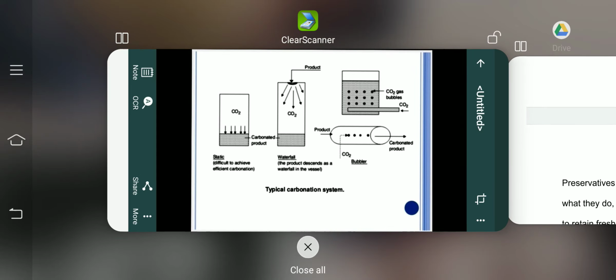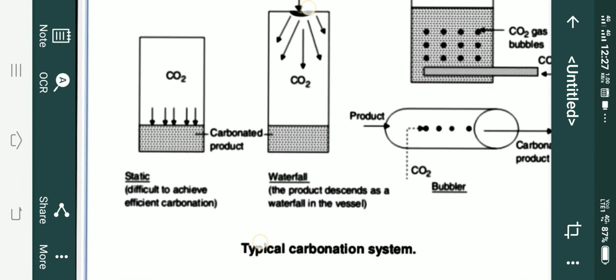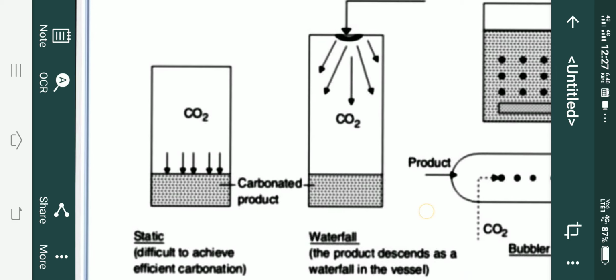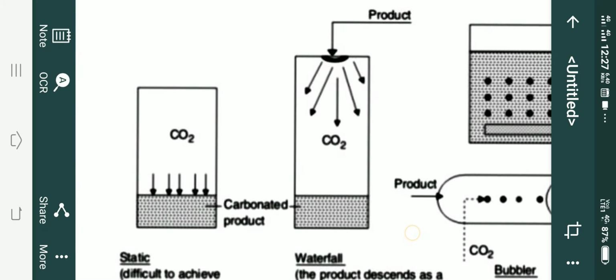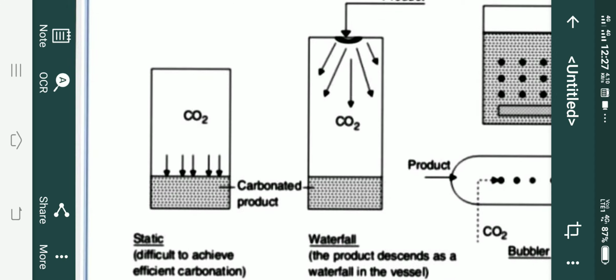Now we can see the typical carbonation system diagram. This is the static cylinder or tank, and this is the waterfall tank. The waterfall tank is more productive than the static tank.